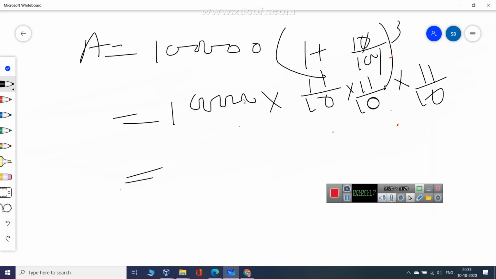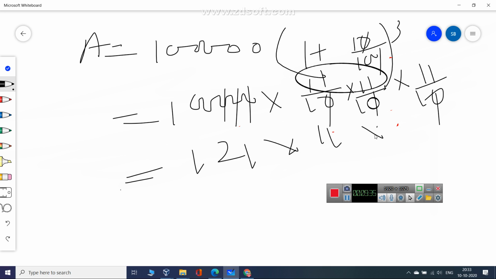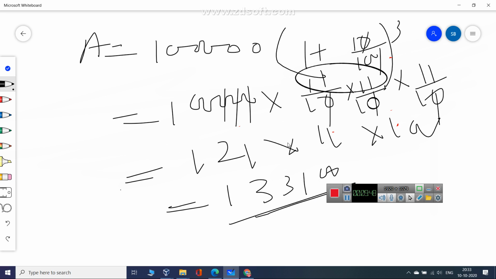These 3 zeros are cut down, and after the calculation we will get 121 into 11 into 100. So after calculation we will get 133,100. So this is our answer.